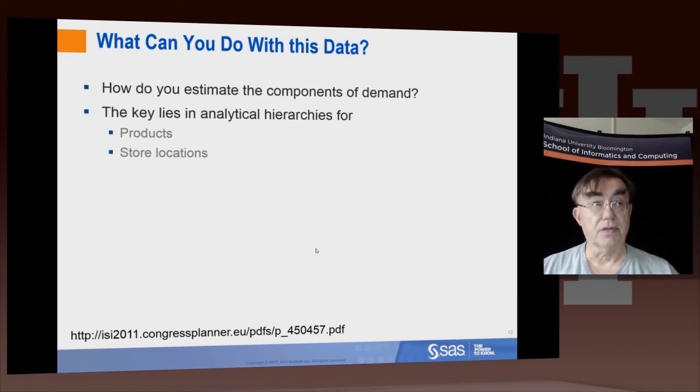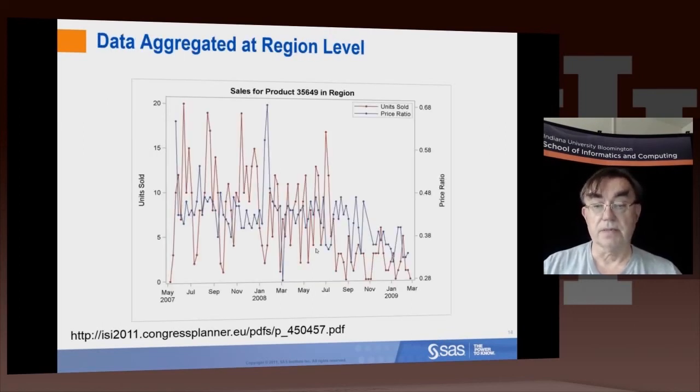If two stores are in different geographic locations but have the same type of customer, then they probably should be related to, they could be joined together. So anyway, you need to aggregate data in an intelligent way, and here's an example of data aggregated at the region level and showing the relationship between price and sales volume. This can be used to then predict what price you should set if you wish to increase the sales.